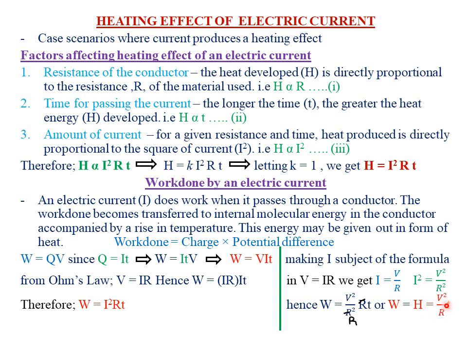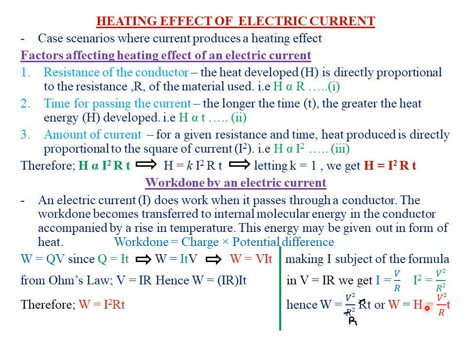So these are the three formulas that we use to find the work done by an electric charge. The first formula is work done can be given by VIT. Second formula, work done can be given by I squared RT. Then the third formula is that H is equal to V squared over RT. So don't try to cram these formulas. Instead, just know one of the formulas, then be in a position to use the Ohm's law equation and the Q is equal to IT equation to substitute and get the other formulas.